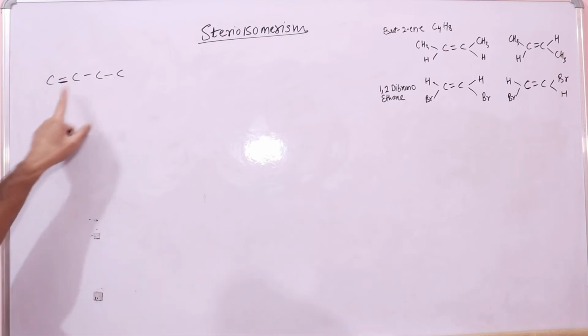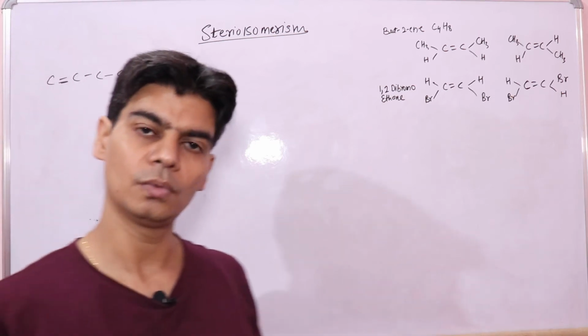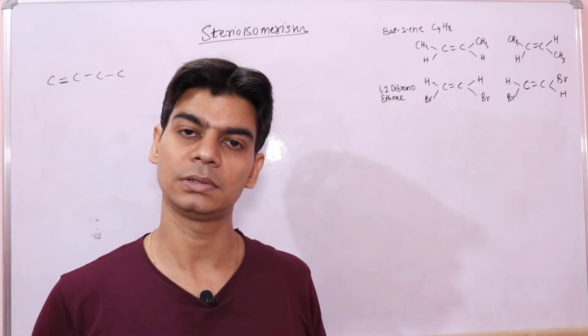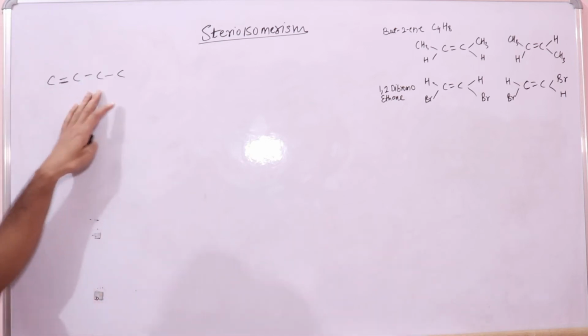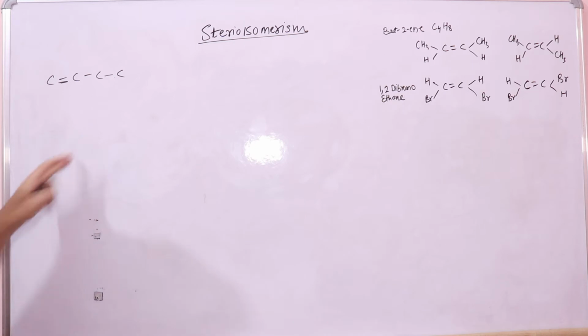So here the position of the double bond is changing, which gives rise to structural isomerism. It's a different structure. These two are structural isomers. To be specific, this was position isomerism, where the position of the double bond is changing.